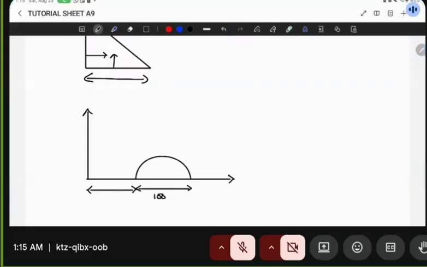What would be the radius of this semicircle? 50. One other thing you should keep in mind is that the centroid lies somewhere along its radius, its vertical part, and we expect it to be slightly down. Let's say the centroid is somewhere here.